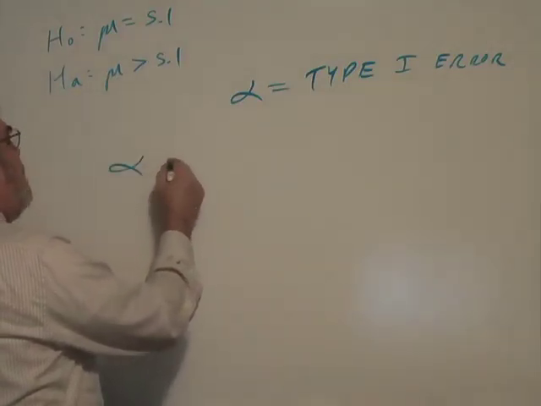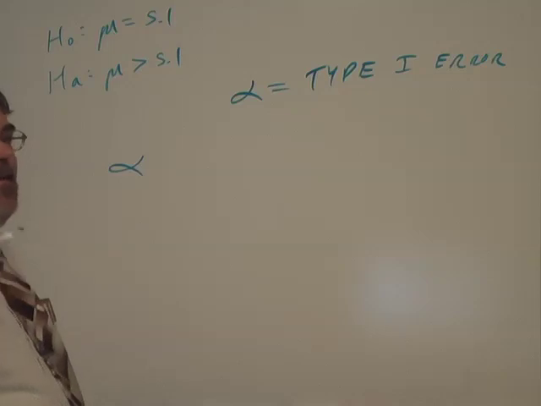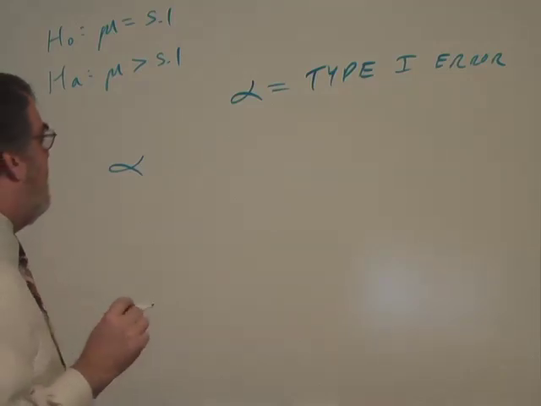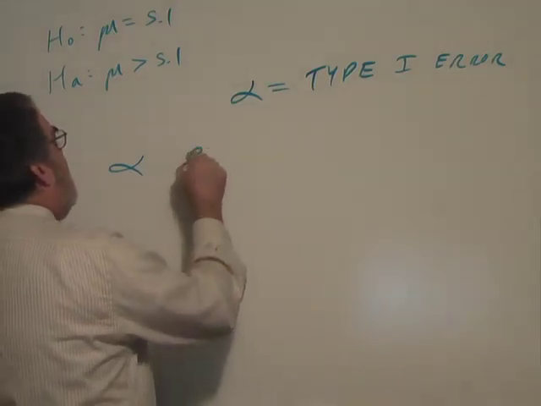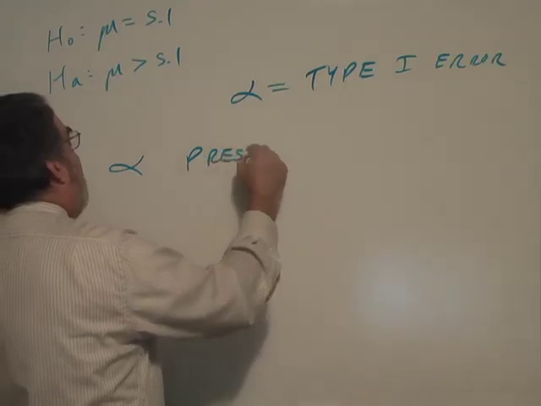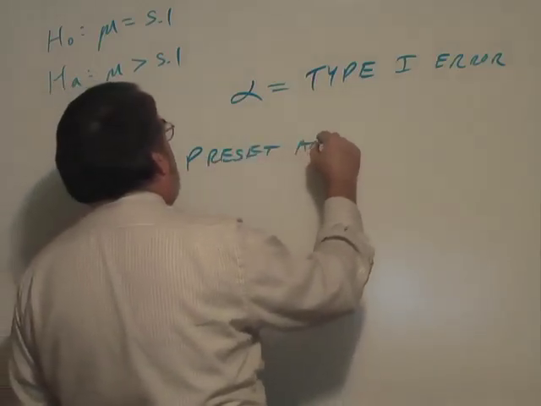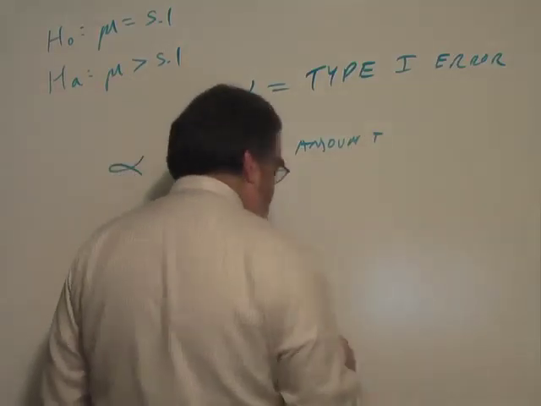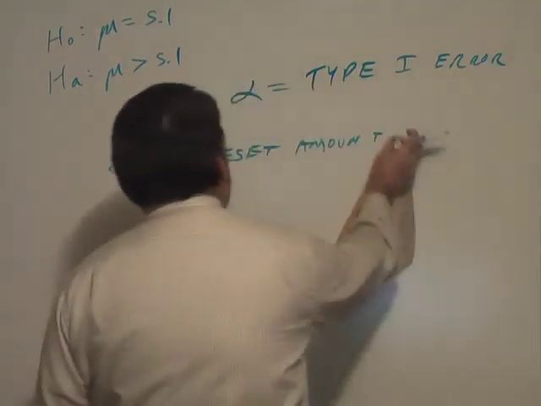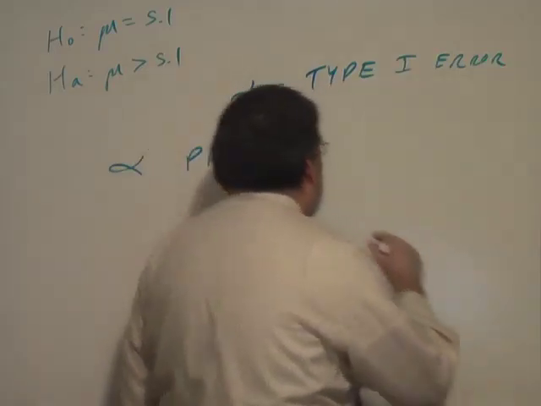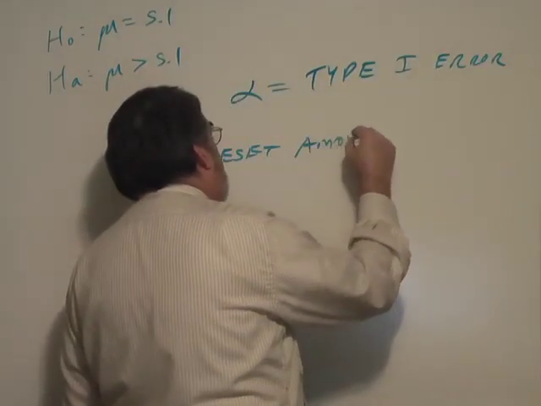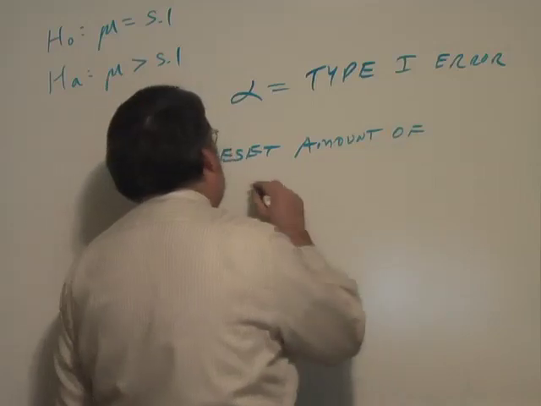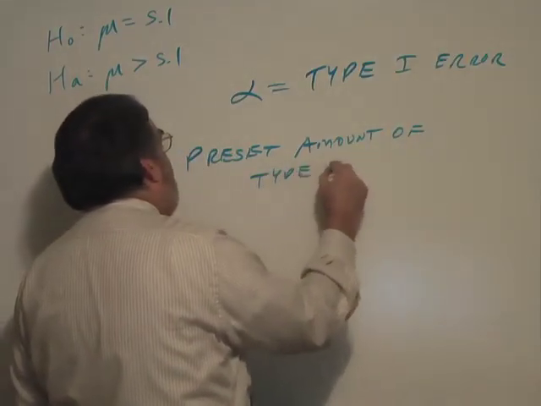Alpha is used as a preset type 1 error. So it's a preset amount. Yeah, I'm not writing too good tonight. Preset amount of type 1 error.